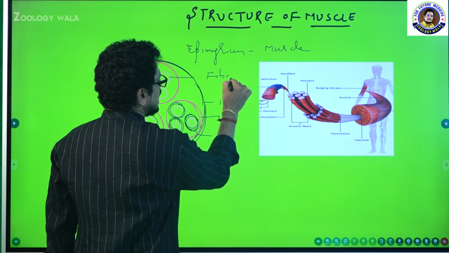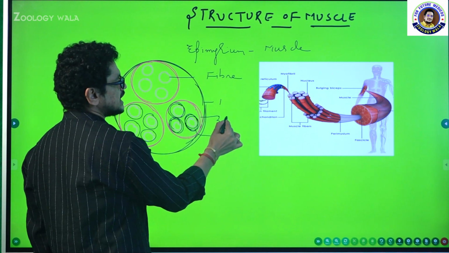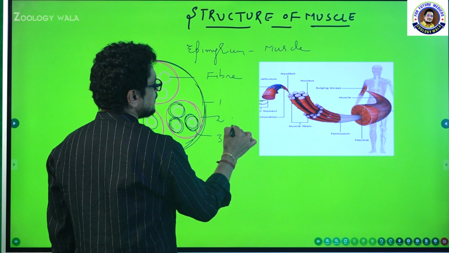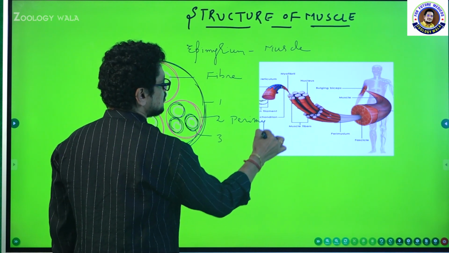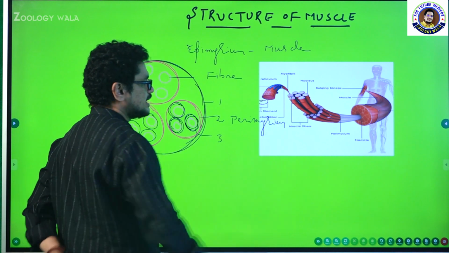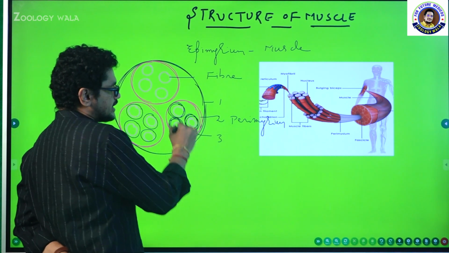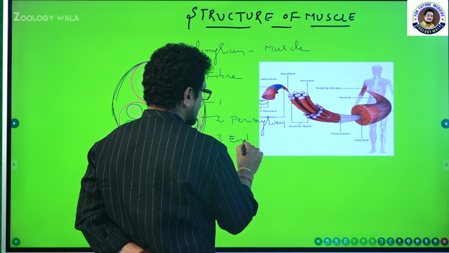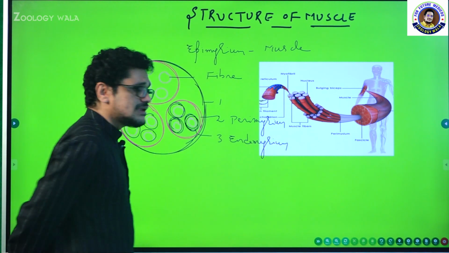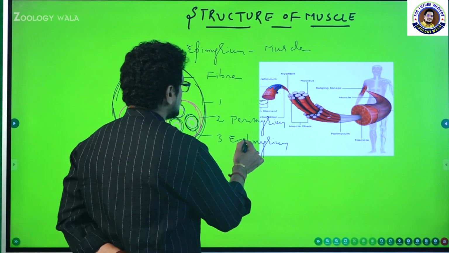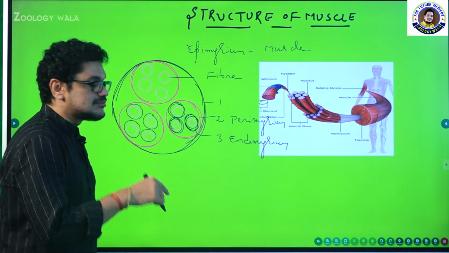The muscle fiber is covered by the second layer. What is that second layer? Perimysium, P-E-R-I-M-Y-S-I-U-M. And the third layer is endomysium, an actual layer which surrounds the individual muscle fiber.